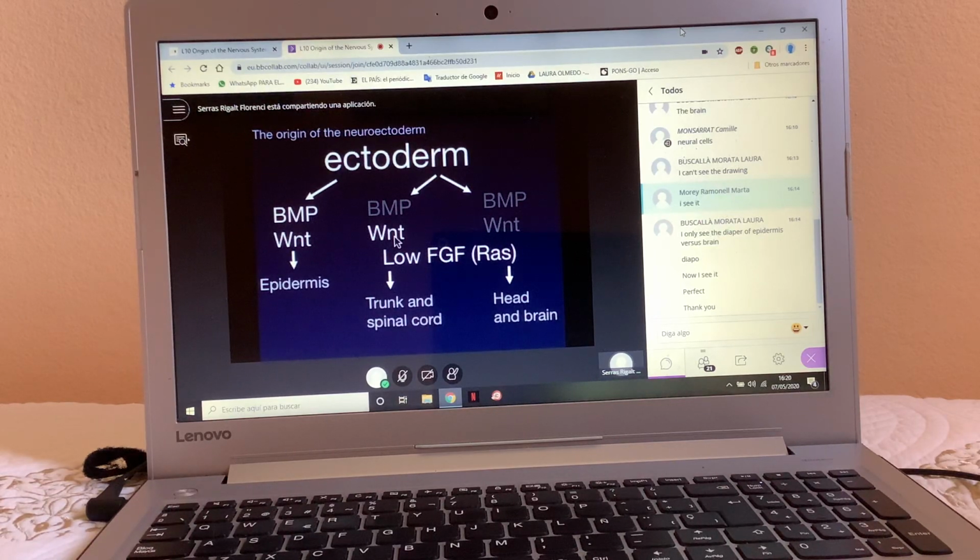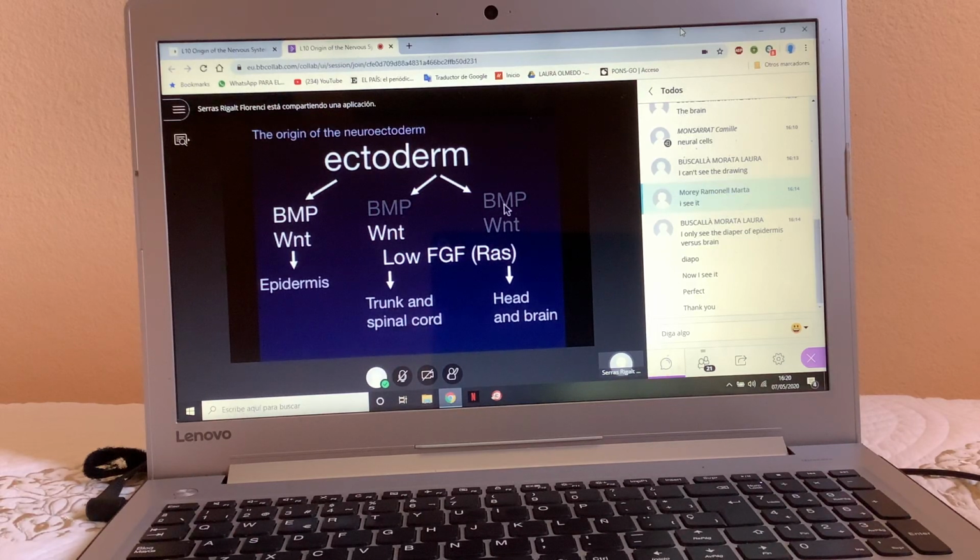If there is a bit of Wnt, and also low FGF and RA, this is something very new that has been discovered not many years ago. So if in addition there is some Wnt, this is going to be the trunk, the spinal cord of the nervous system.